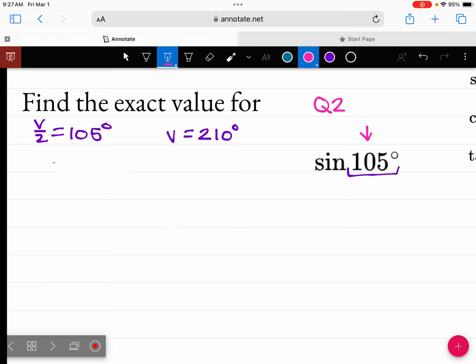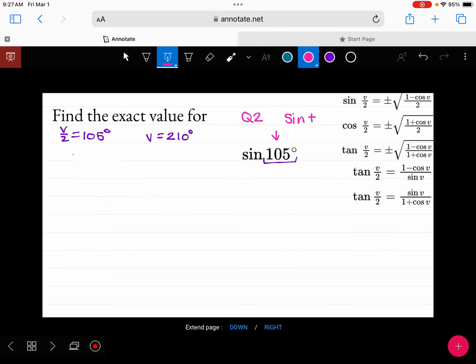So is the sine going to be positive or negative? Positive. In quadrant 2, sine is positive. Remember, sines are y's. That's still above our x-axis, so our sines are still positive. So when we're filling in our formula for our half angle, we only need the positive one.